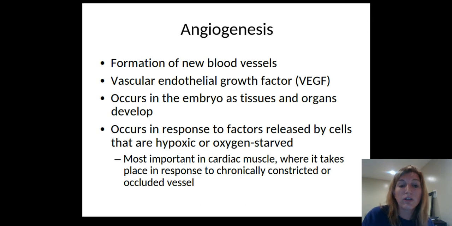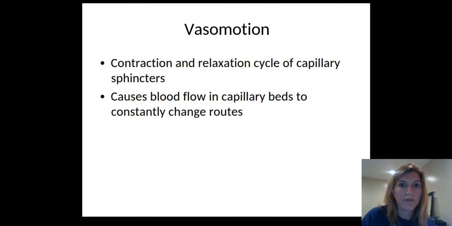So it's very, very important in cardiac muscle because cardiac muscle, of course, is responsible for pumping the blood to our entire body. So if you don't have the blood going to the cardiac muscle, then those cardiac cells are going to die. So VEGF is very important there.